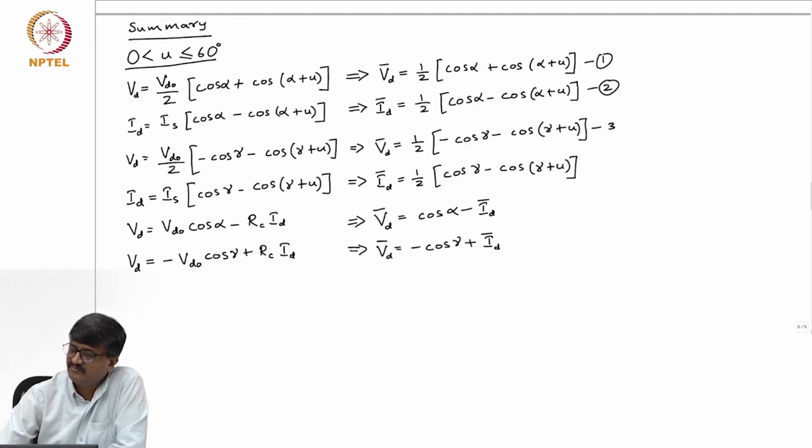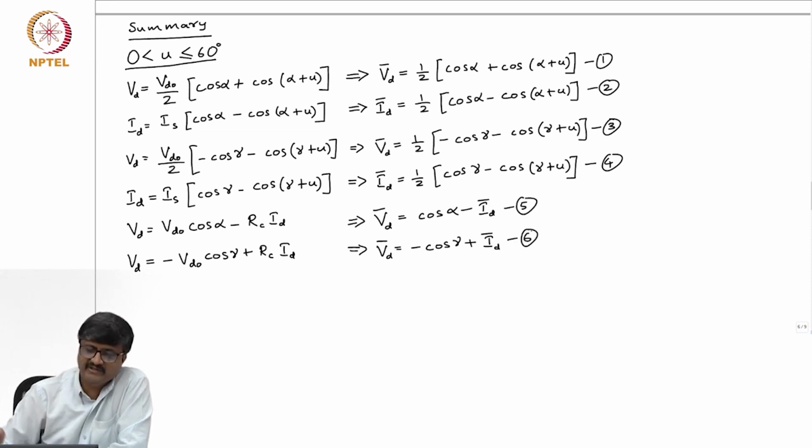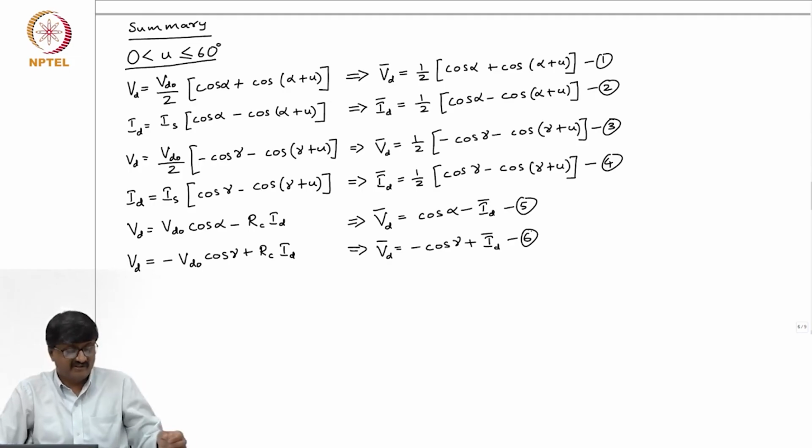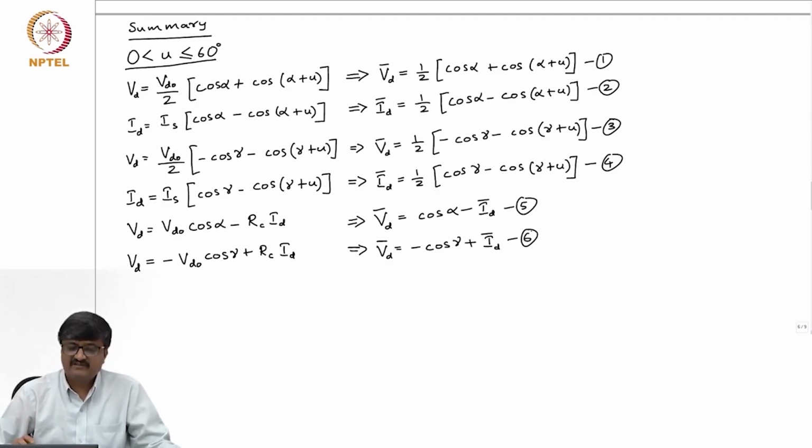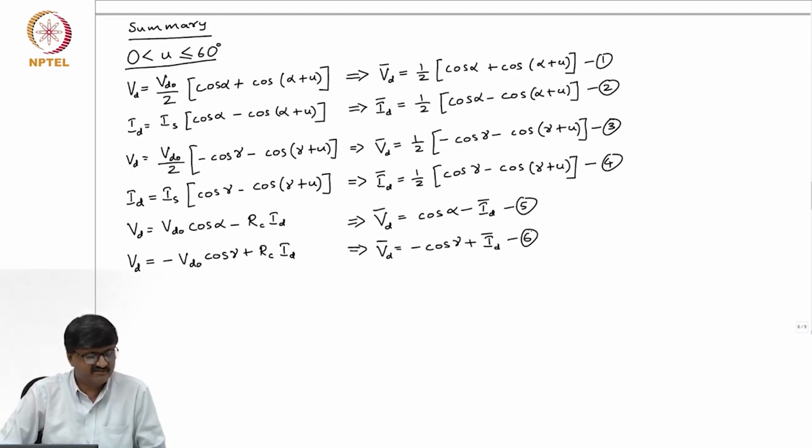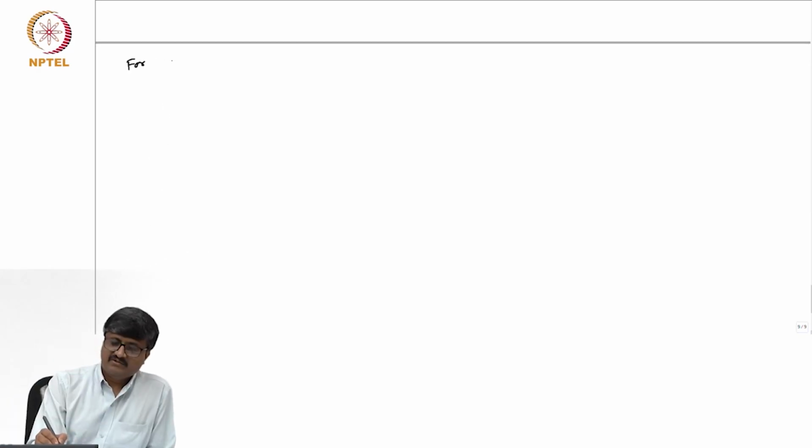Similarly, this is 2, 3, 4, 5, 6. I'll come to the case of u greater than or equal to 60 and less than 120 degrees later. So let me first take up this one: u greater than 0 and less than or equal to 60 degrees.